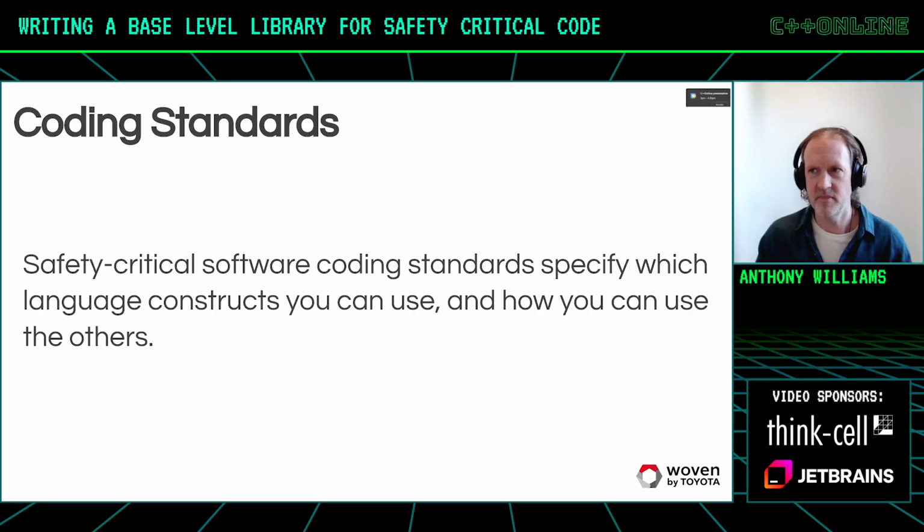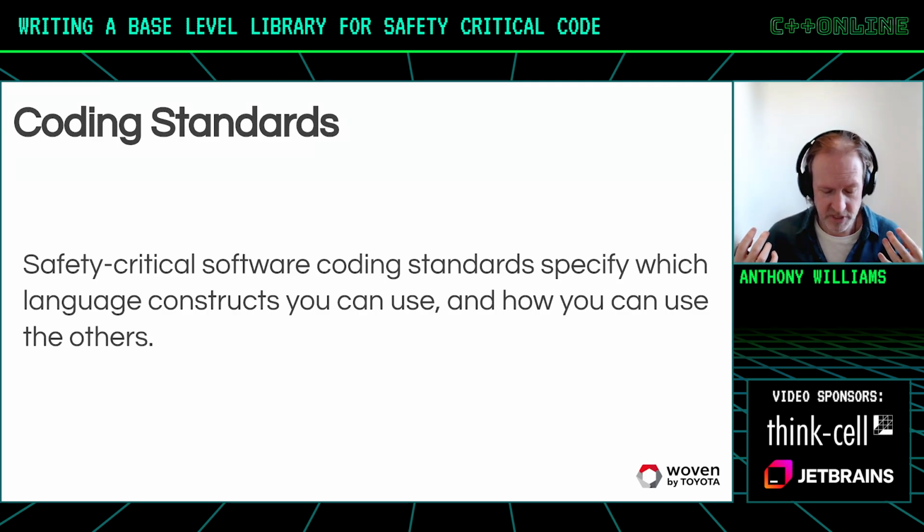And like I said, this is all about the safety critical standards. They are about the processes, but then they also defer the coding standards to safety critical coding standards, which are separate.